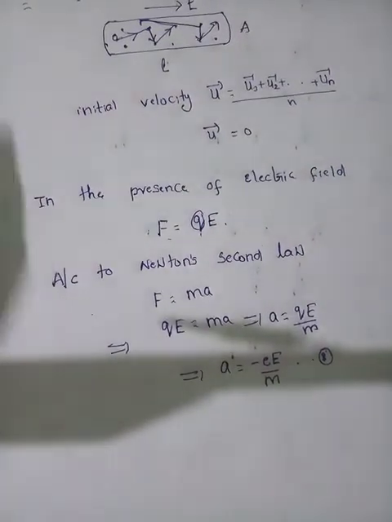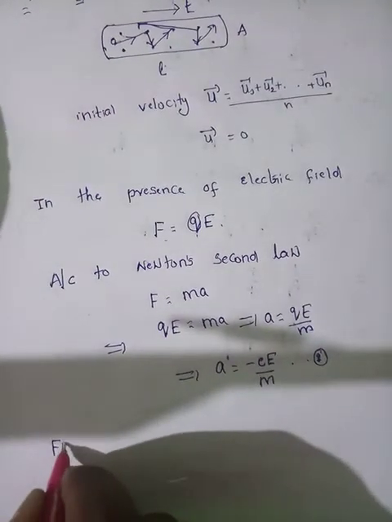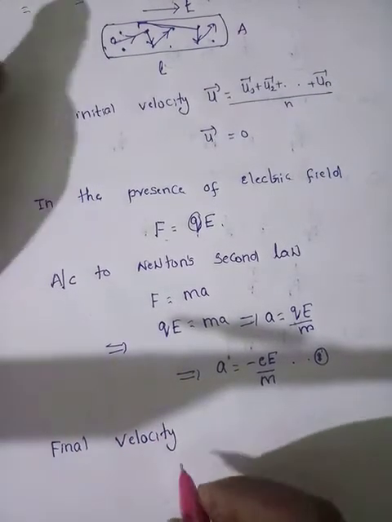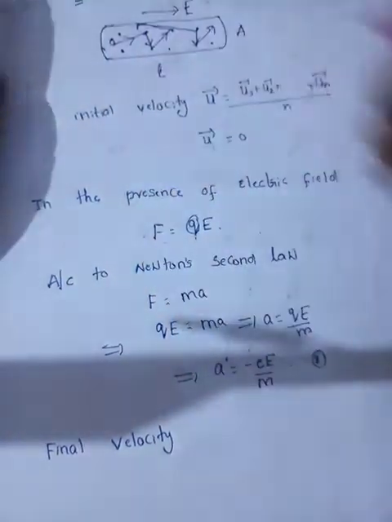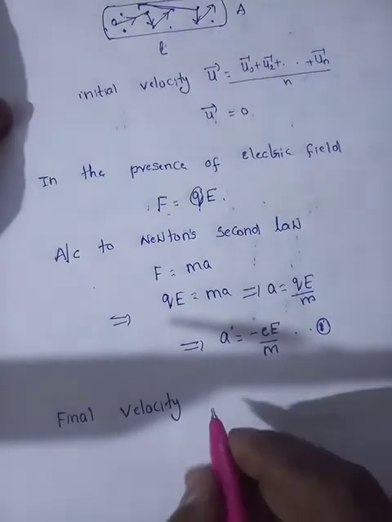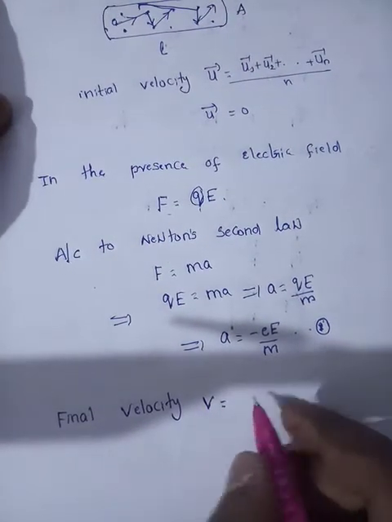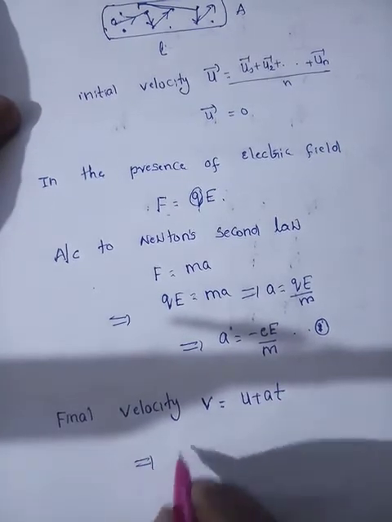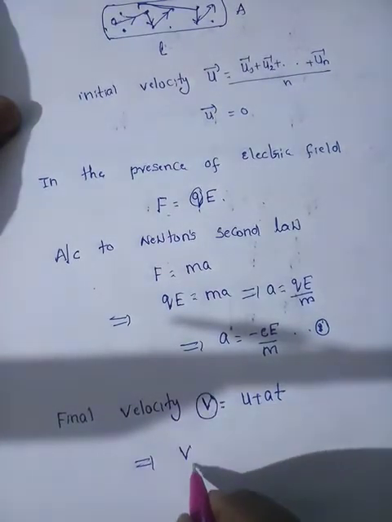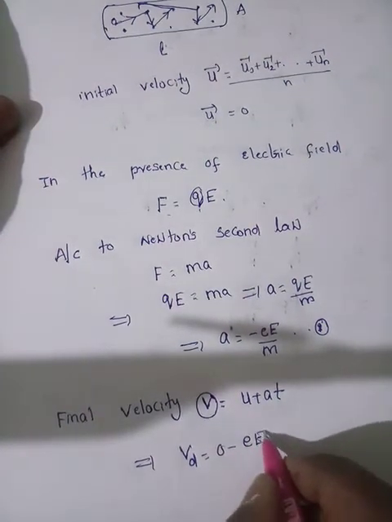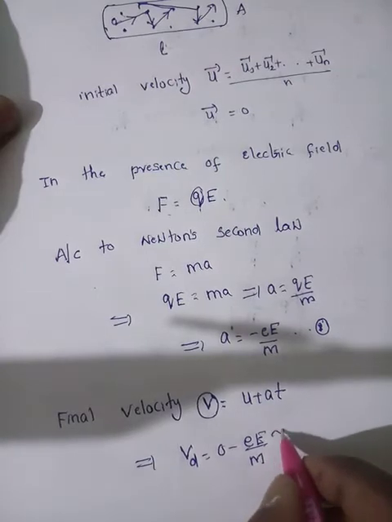Now the initial velocity is 0. What is the final velocity? Assume that in the presence of electric field, it attains a velocity, which we call what? Drift velocity. So drift velocity is represented by Vd. So final velocity V, according to the kinematic equation, is u plus a into t. That implies V, here we consider as Vd, is equal to 0 plus minus eE by m into tau.